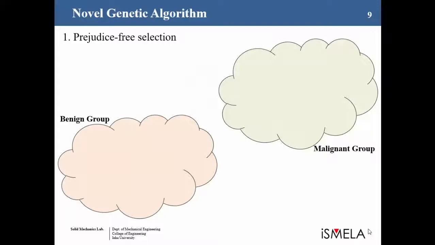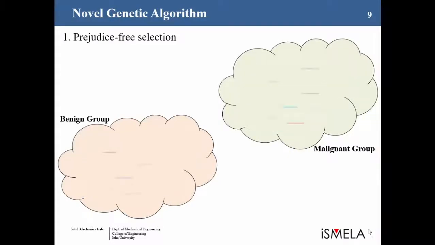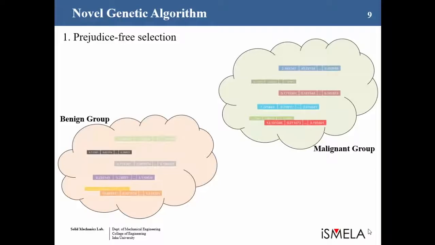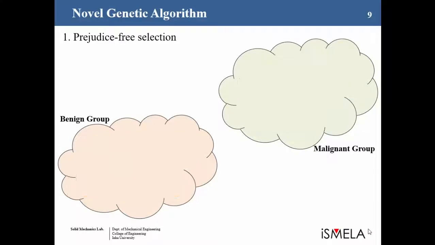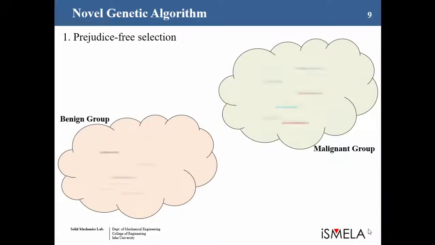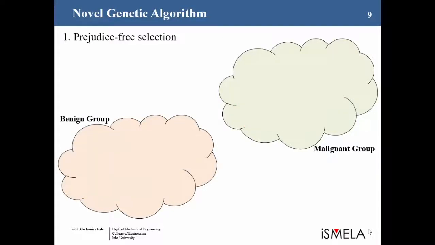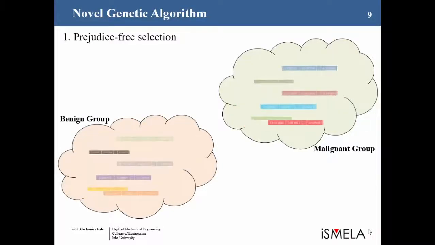To improve the population diversity, we first divided the individuals into two groups based on their fitness values. The individuals with high fitness value will be divided into the benign group, and instead of discarding the poor individuals, we just reserve them in the malignant group.